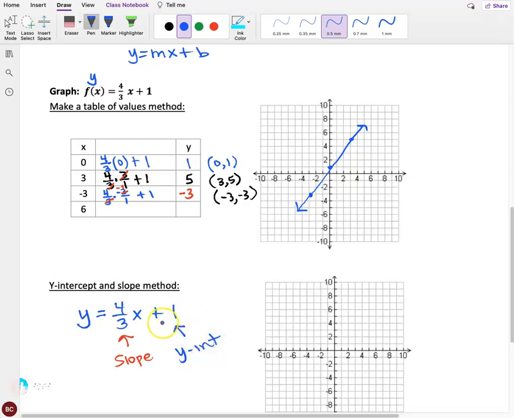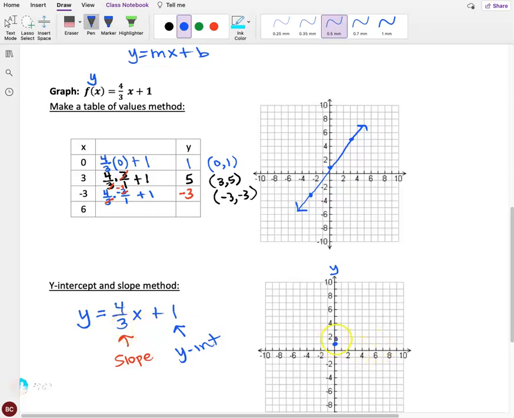So let's plot that y-intercept first. That would be on the y-axis. I need to go up 1 because it's a +1. And then from there, I'm going to go up 4, right 3.